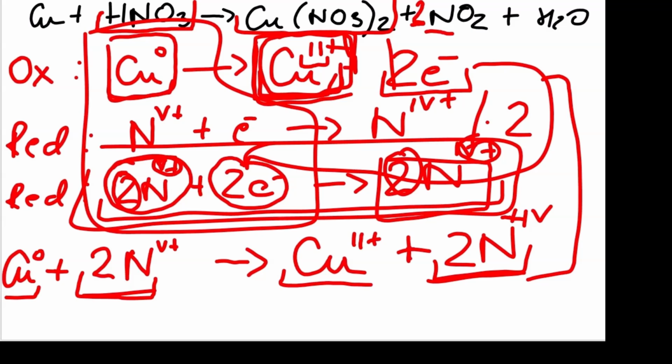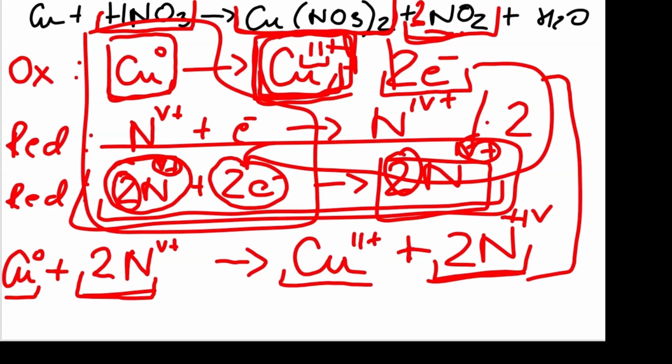Okay, so we can sum up the nitrogen atoms which appear on the right side of this reaction. We have 2 atoms of nitrogen in 2 particles of nitrogen dioxide, and of course we have 2 atoms of nitrogen in 1 particle of copper salt.